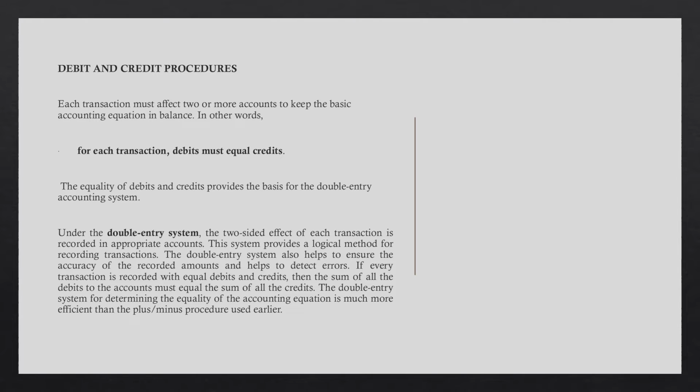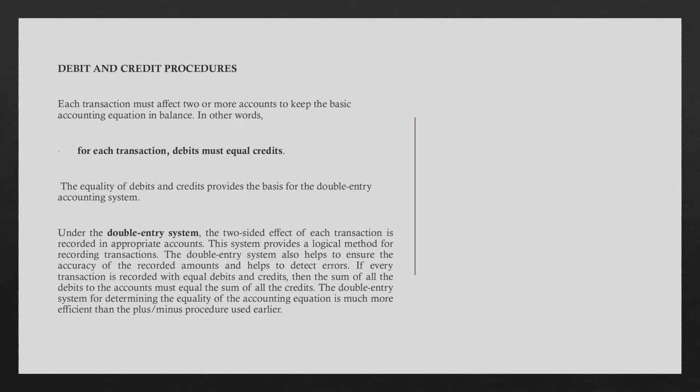Okay, so debit and credit procedures. Each transaction must affect two or more accounts to keep the basic accounting equation in balance. In other words, for each transaction, debits must equal credits. The equality of debits and credits provides the basis for the double-entry accounting system.